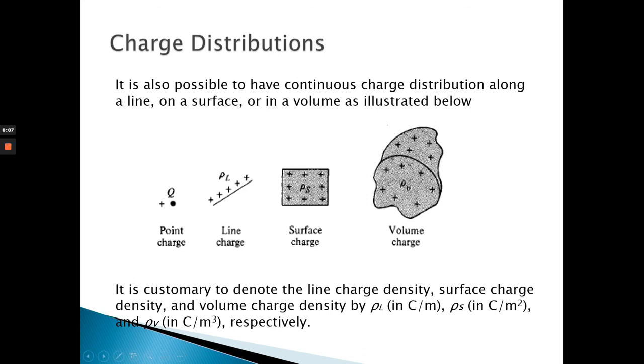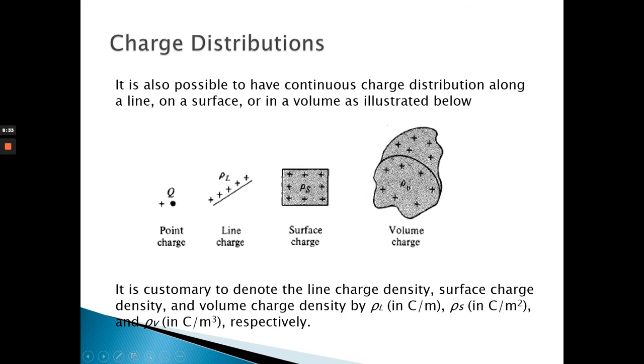Another is volume charge, meaning an object full of charges. Not only one charge, not a surface charge, not a line charge, it's inside and out and full of charges, like a 3D charge.